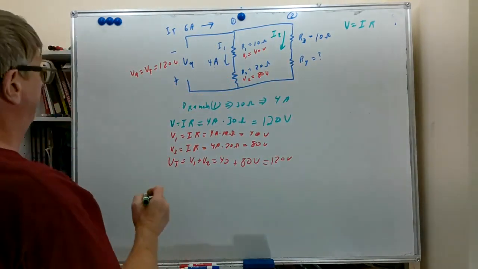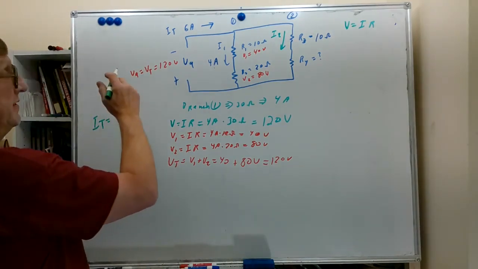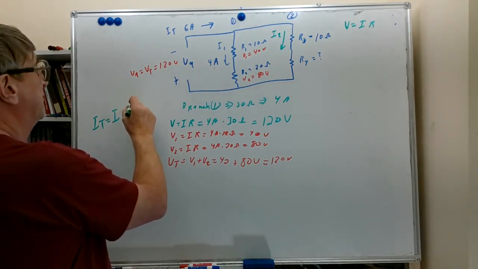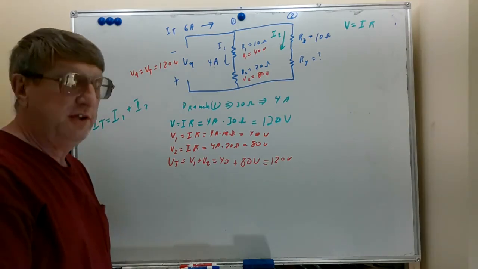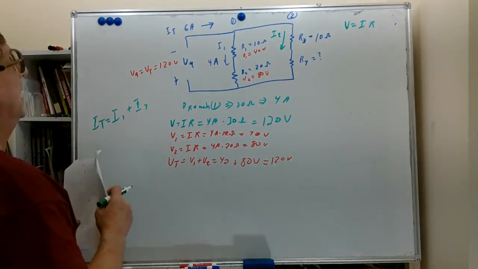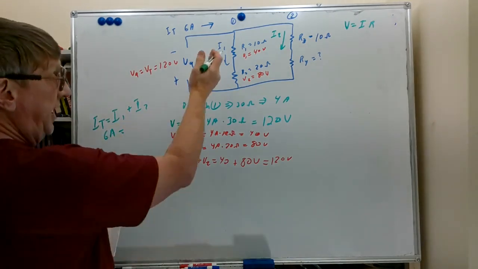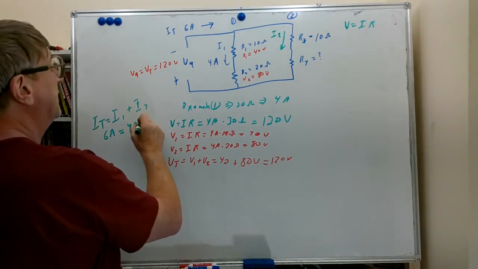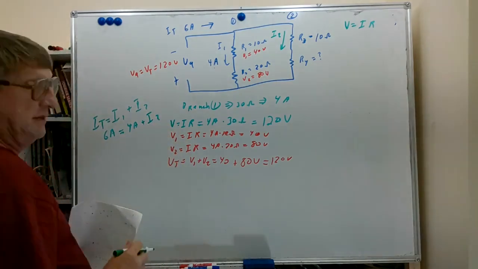Well, we know that I total will be the sum of the branch currents, which we have 2, I1 plus I2. There's our current summation formula that we've seen quite a few times now. I total is given to us, so we have 6 amps. I1 was given to us, which we have 4 amps. But I2 we don't know. That's what we're going to find now, plus I2.